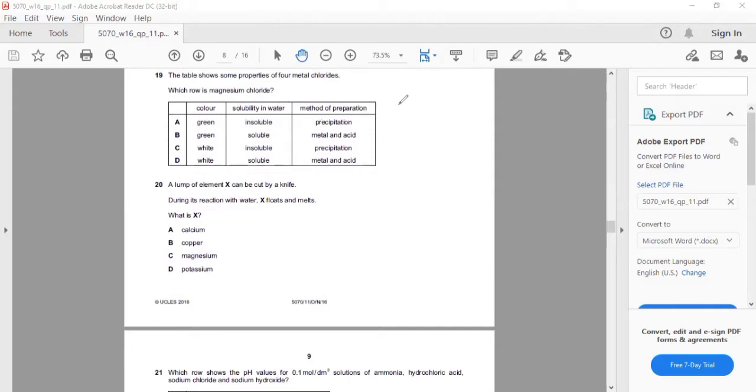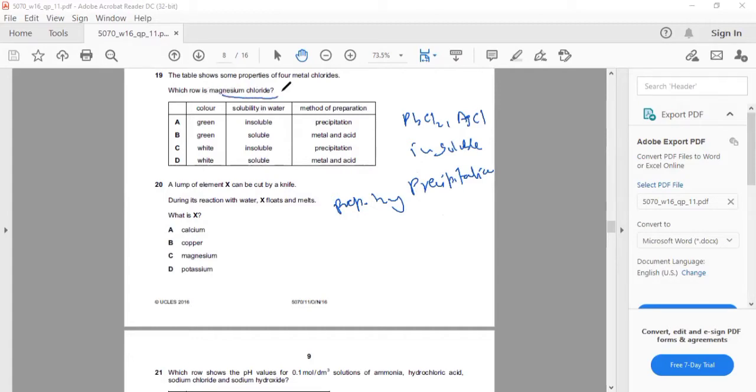All chlorides are soluble for this question except lead chloride and silver chloride. They are insoluble. If they are insoluble, they can be prepared by precipitation. Insoluble salts are prepared by precipitation, and soluble salts are prepared by crystallization.